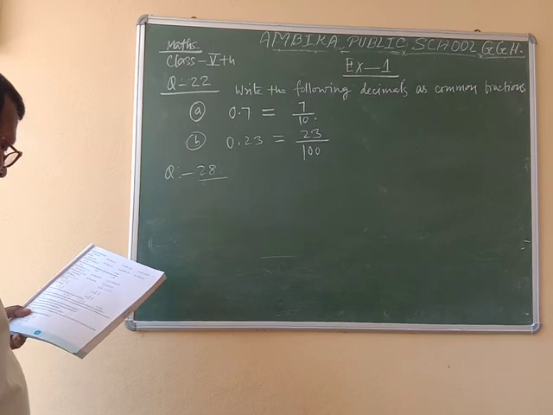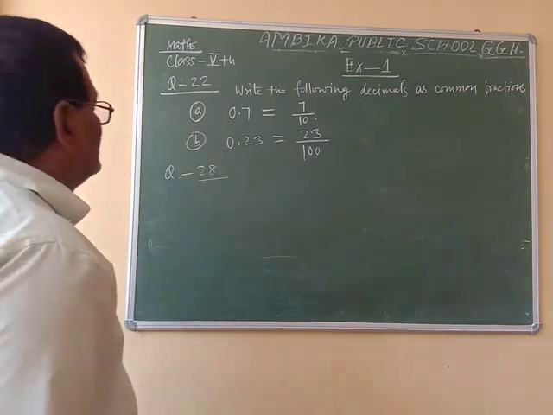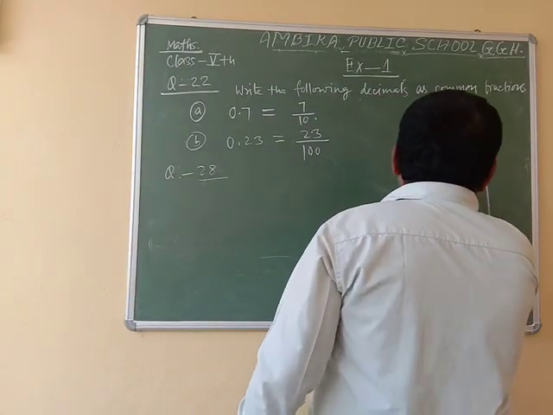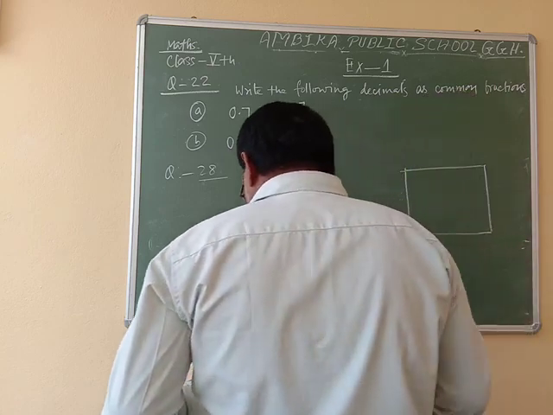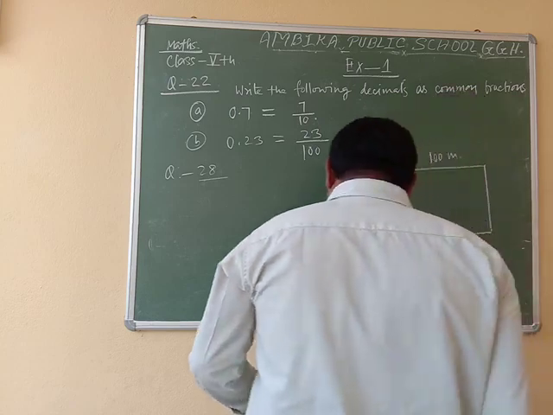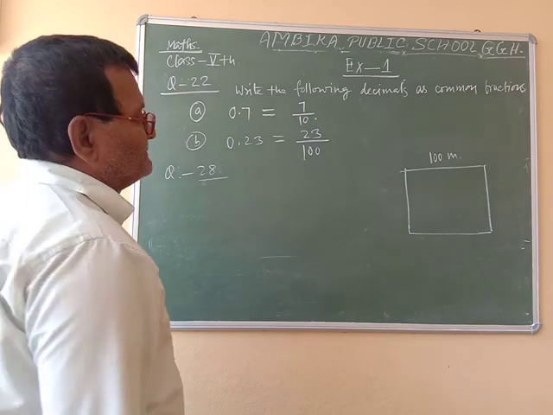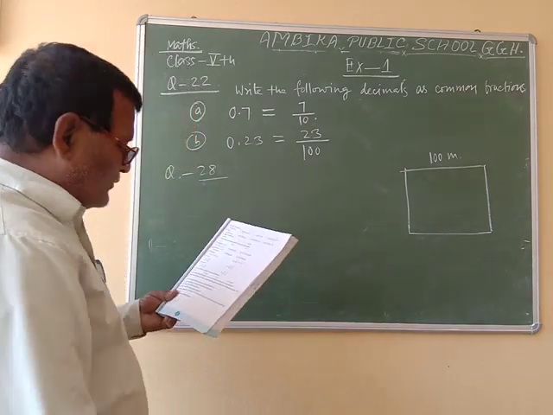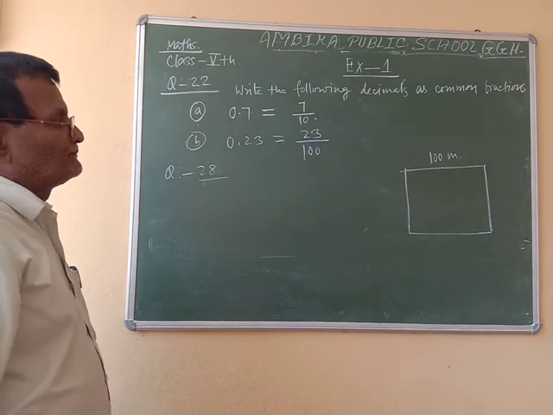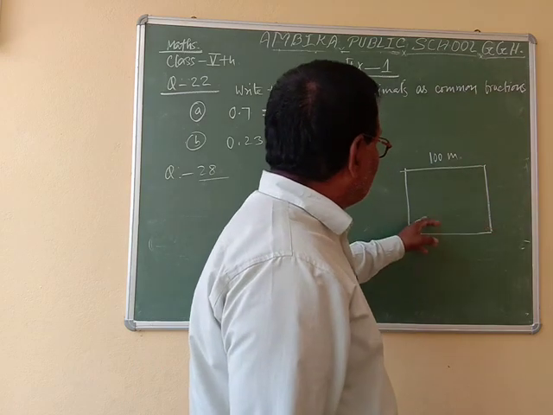How much long wire will be required for fencing around it? ये वर्गाकार एक बगीचा है, इसकी लंबाई 100 मीटर है. How much long wire will be required for fencing around it? इसके चारों ओर घेरने में कितने लंबे तार की आवश्यकता होगी?